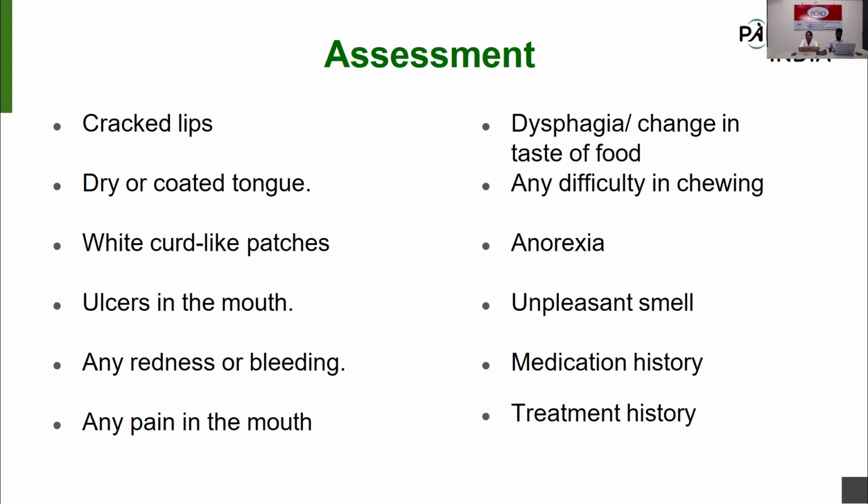And also white curd-like patches, that is the description of that disease. Then ulcers in the mouth, any redness in the mouth, any bleeding in the mouth, any pain in the mouth, and also difficulty in swallowing or chewing, right? And also anorexia, poor appetite, unpleasant smell, and medical history and the treatment history.